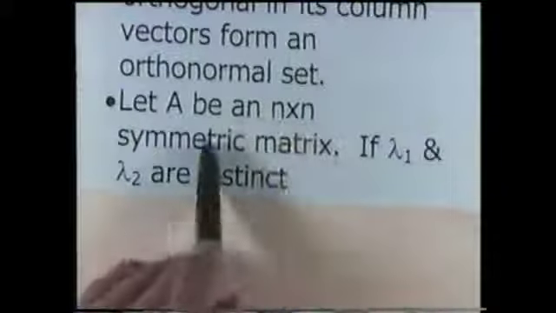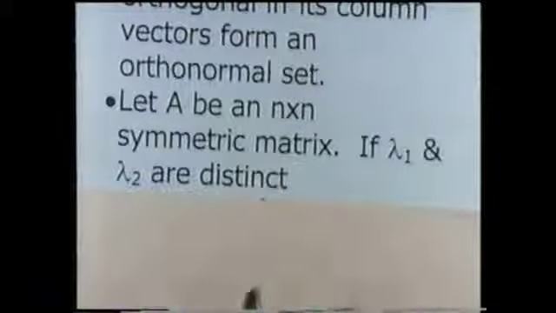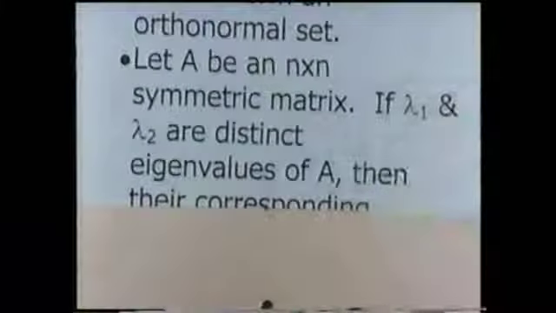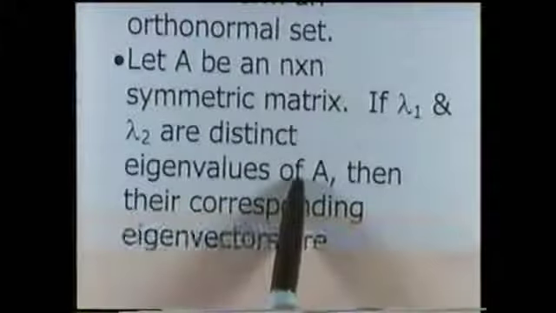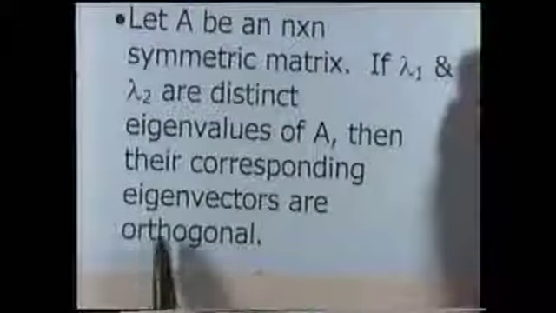Let A be an n by n symmetric matrix. If lambda 1 and lambda 2 are distinct eigenvalues of A, then their corresponding eigenvectors are orthogonal.